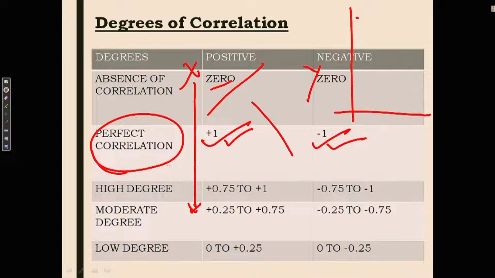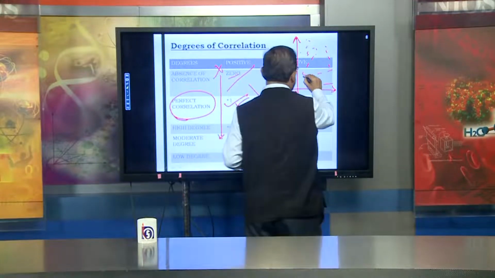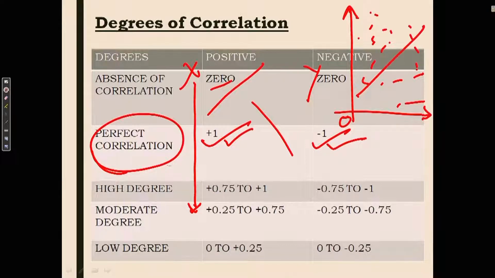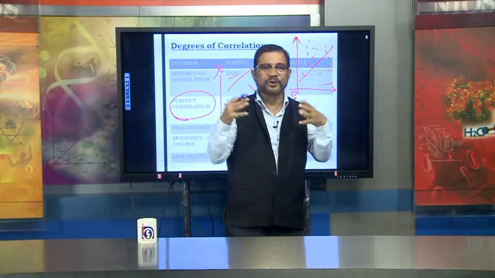Some data are here, some data are here, some data are here. It means that both are covering the entire axis. How do we plot the line to show the relationship? Let us see. If we find like this, see, some of the data are too far from here, some of the data too close to here, too far to here, it means that they are not at a closer distance.